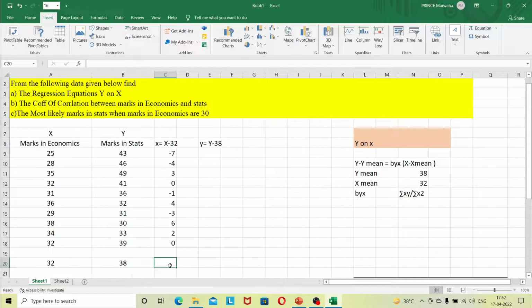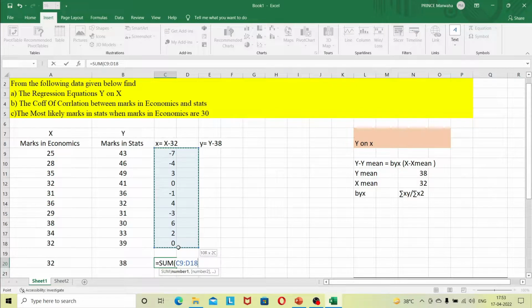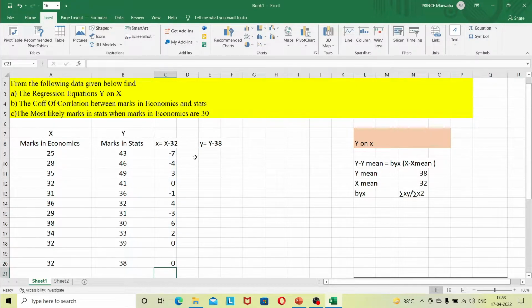The total, the sum of small x, will be 0, as it is a property of the mean that whenever we subtract the mean from the actual variable, the sum of the deviations is 0. In the same way we calculate small y, which is the y variable minus the y mean of 38, subtracting 38 from every y value, and here we got the values of small y.